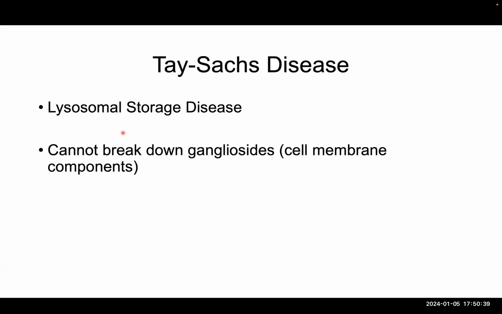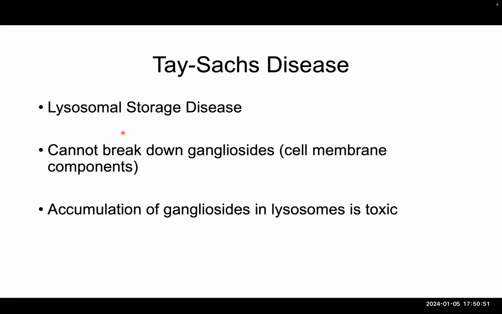It's not manifesting at birth or before birth. There's some time where these compounds are building up and building up, and eventually the accumulation becomes toxic. These gangliosides building up in the lysosomes become toxic to the cells in which they're building up.